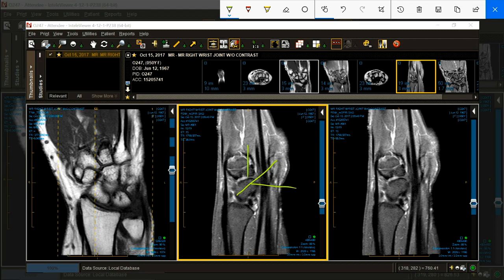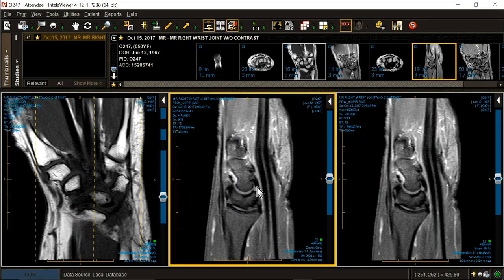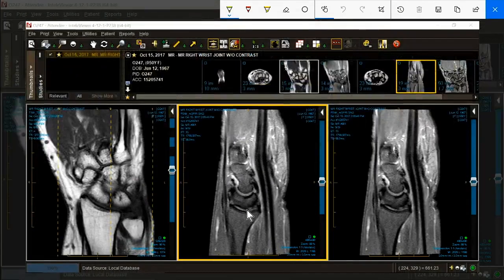Then the other thing I do is I look at the position of the lunate relative to the radius. So let's do that. I don't mind the lunate tilting forward a little bit, as long as I don't have other supplementary signs of instability.